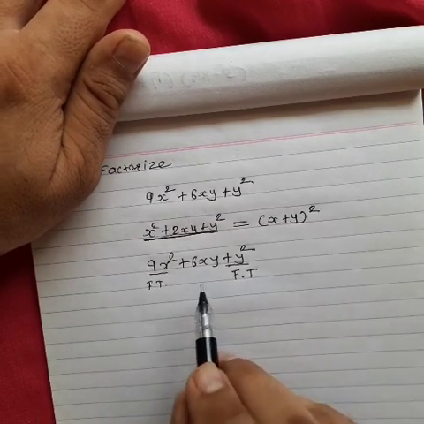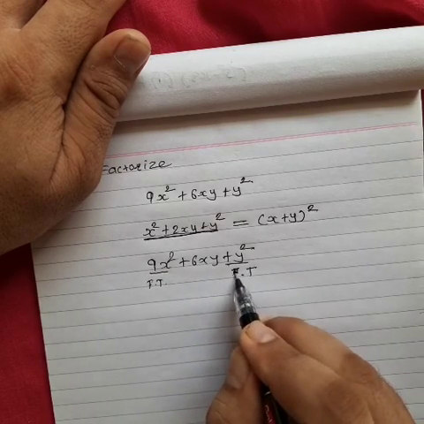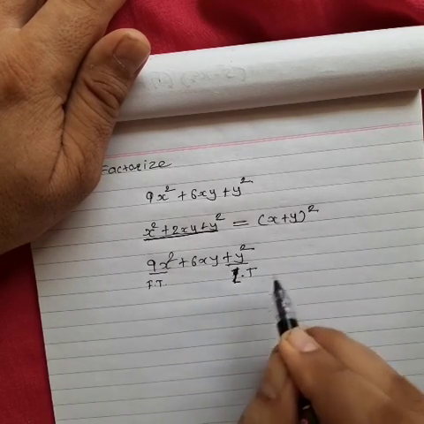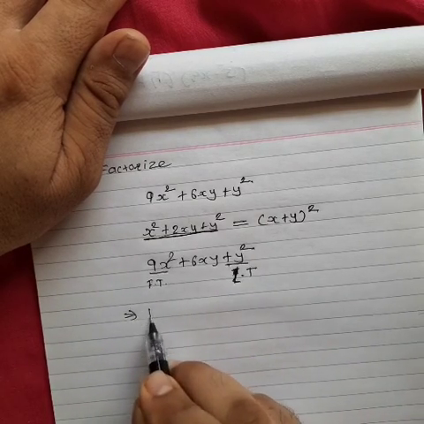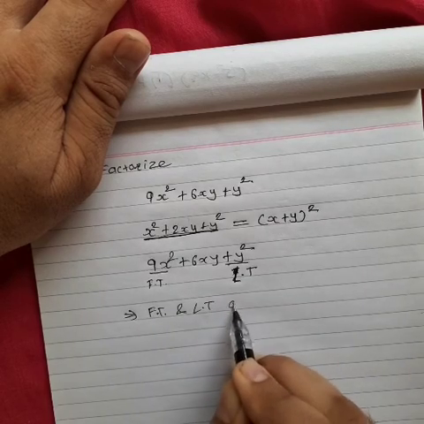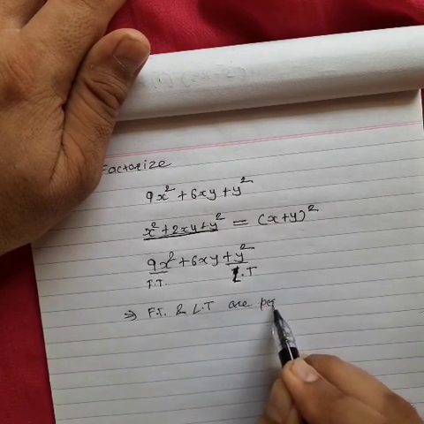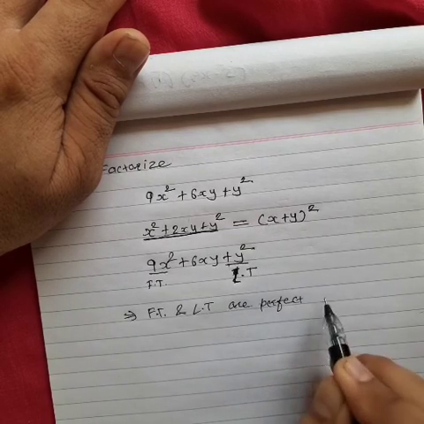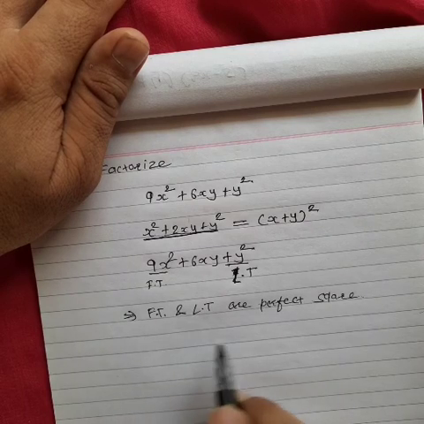Okay. And if you see the sign of the last term, the sign of the last term is always plus. What are the conditions? First term and last term are perfect squares, meaning the square root is possible.